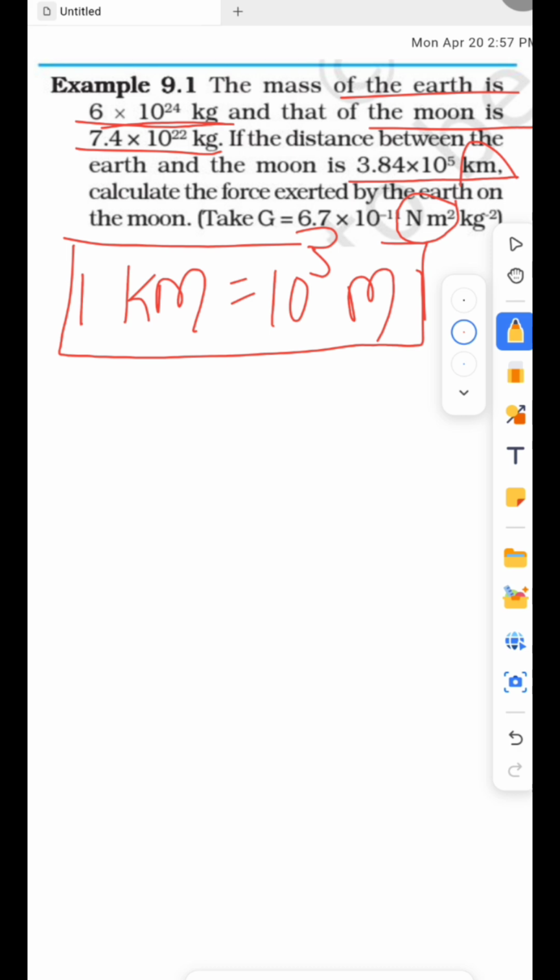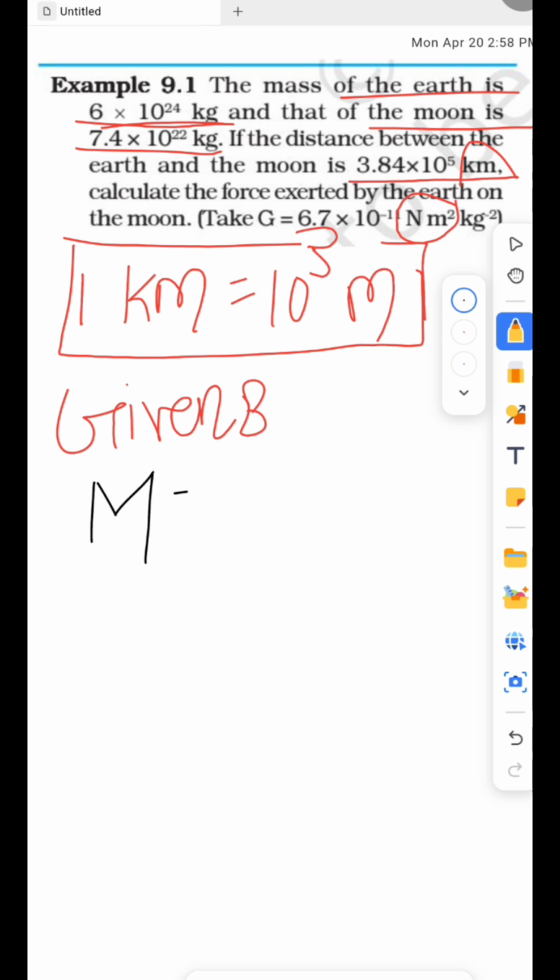First of all we will write what is given. The mass of earth we denote with capital M, that is 6 into 10 to the power 24 kg.